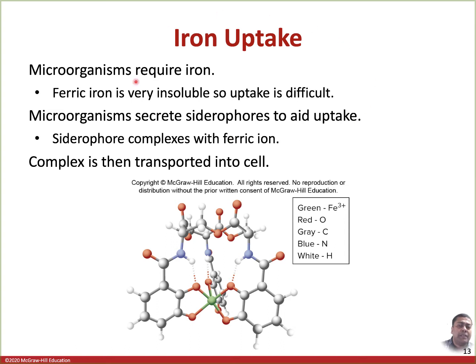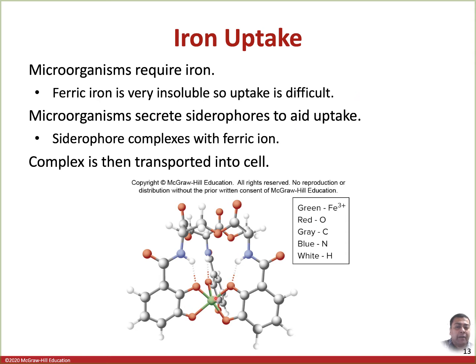Before going into the detail of that, there is one thing I want to mention about the plasma membrane, which we are not covering: microorganisms require iron. Ferric iron is extremely insoluble and difficult to obtain. So microorganisms secrete an organic molecule known as a siderophore. This siderophore complexes with the iron.